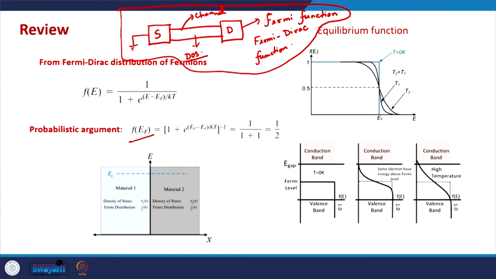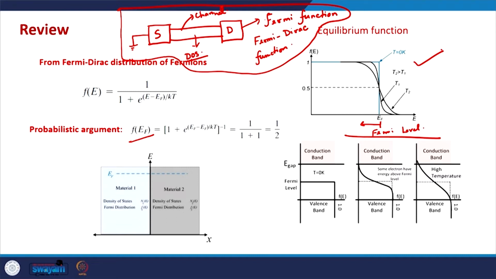And this is the plot of the Fermi function versus energy for various temperatures. So, at T equal to 0, the Fermi function is 1 below this level, which is known as the Fermi level. This EF level is known as the Fermi level, and the Fermi function is 1 at T equal to 0 Kelvin below EF, which means that all energy levels up to EF are occupied at 0 Kelvin.